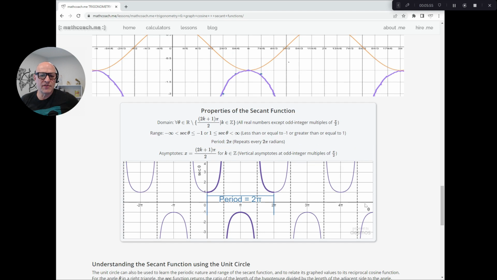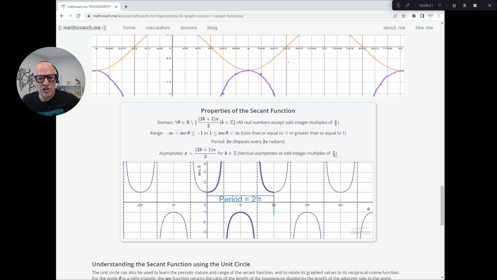So the properties of the secant: it is all real values for theta with a couple of exceptions. It is undefined at the asymptotes. So all real numbers except odd integer multiples of pi over 2. And that's where the vertical asymptotes are as well, at odd integer multiples of pi over 2.